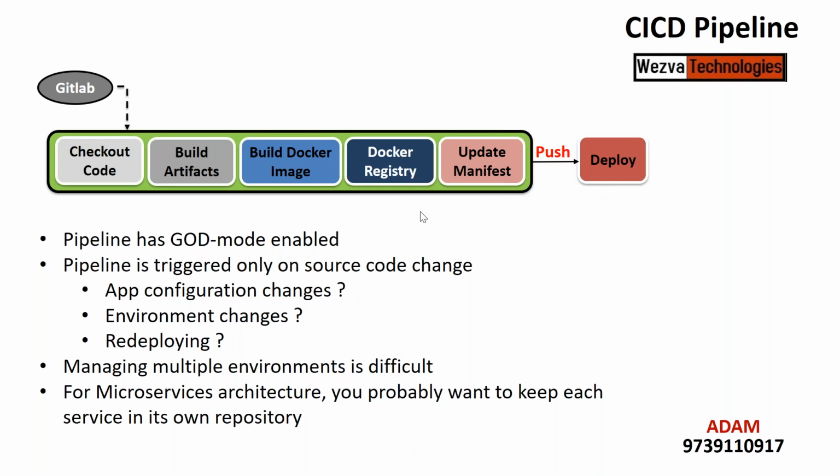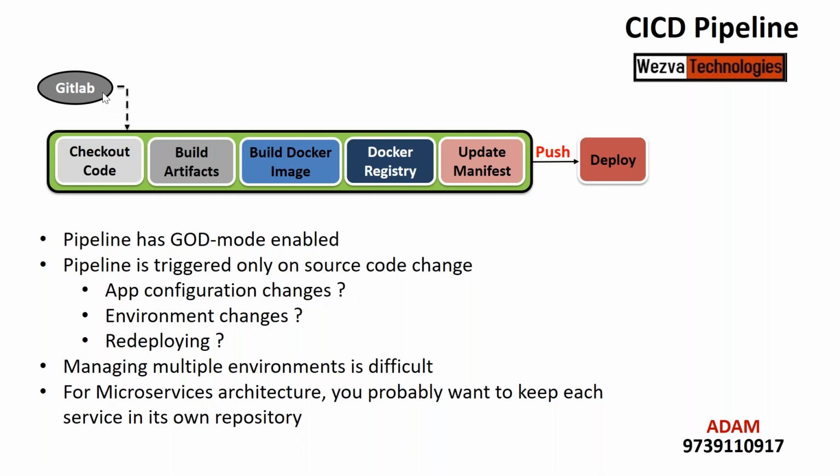But the concept I'm trying to bring here is, when are you going to run this pipeline? Traditionally, if you use a tool like Jenkins or GitLab, you would either poll a repository, and whenever there is a check-in, automatically this will run. Or when you use something like GitLab, you will put a webhook, so that when someone checks into or pushes to the repository, the webhook triggers the pipeline.